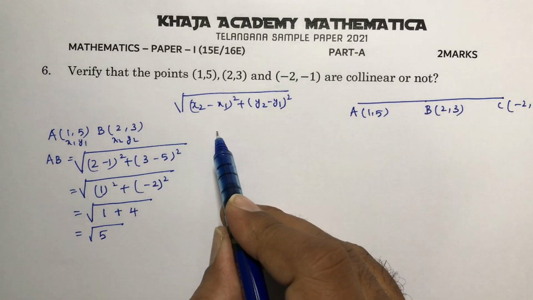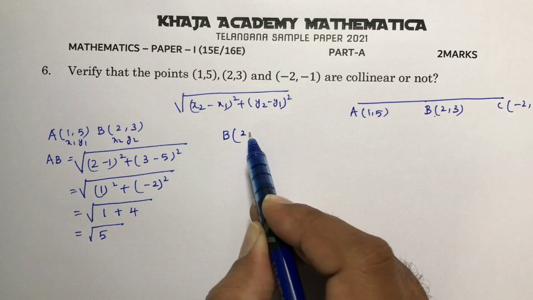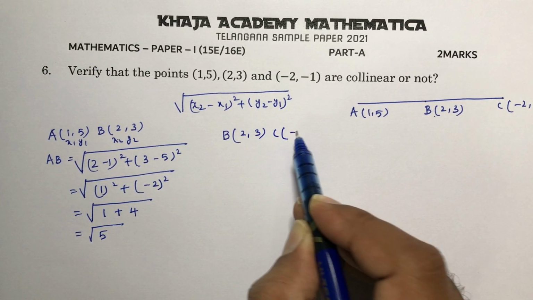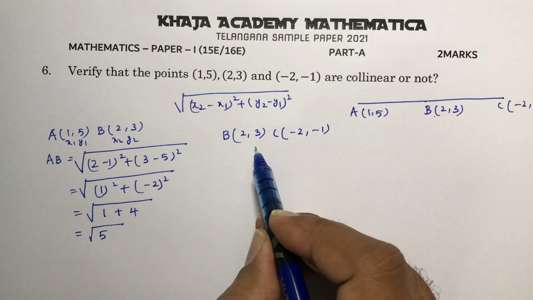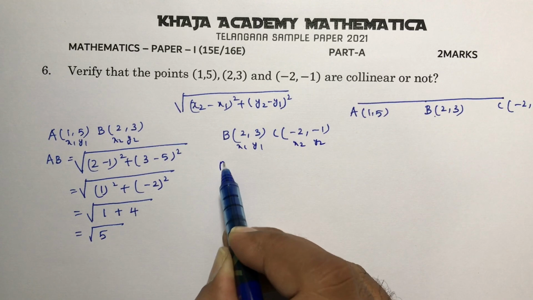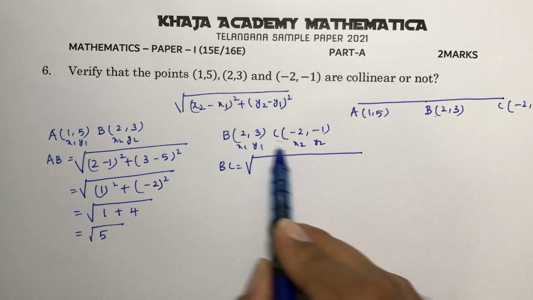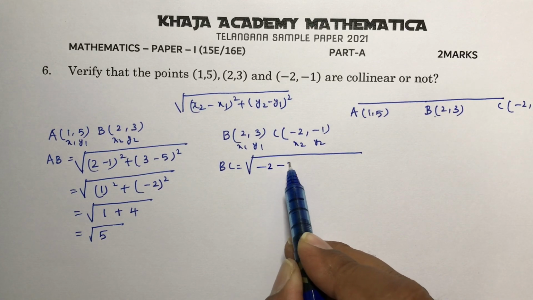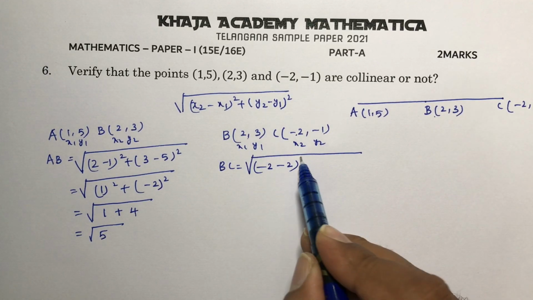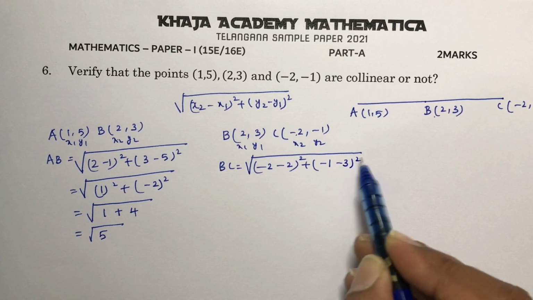In the same way, find the distance between B and C. B is (2, 3), C is (minus 2, minus 1). So here this is x1, y1, x2, y2. So BC distance is under root (x2 minus x1), so (minus 2 minus 2) whole square plus (y2 minus y1), (minus 1 minus 3) whole square.